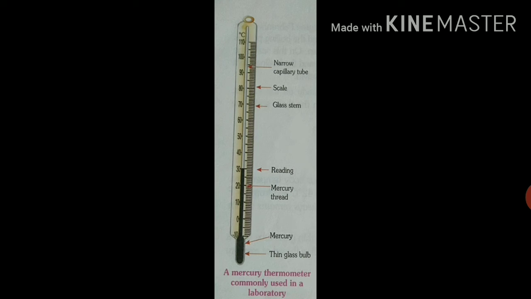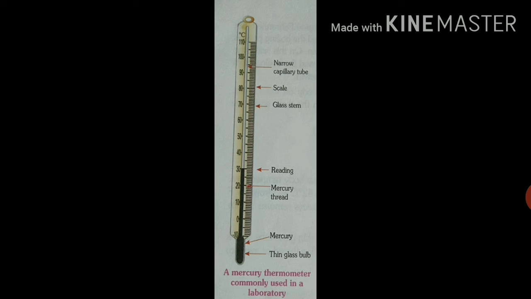The bigger marks normally read 1 degree Celsius. If there are 5 divisions between two bigger marks, each small division reads 1/5 of a degree or 0.2 degrees Celsius.